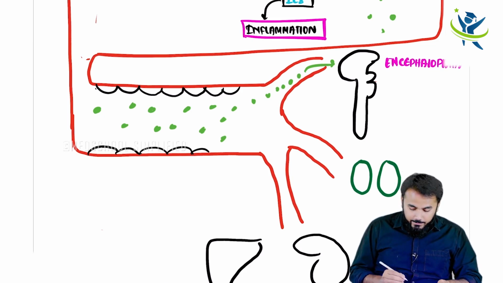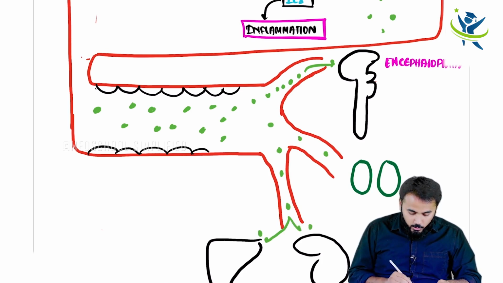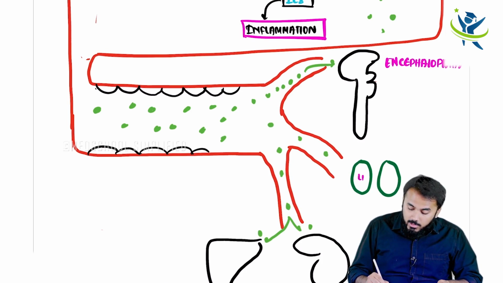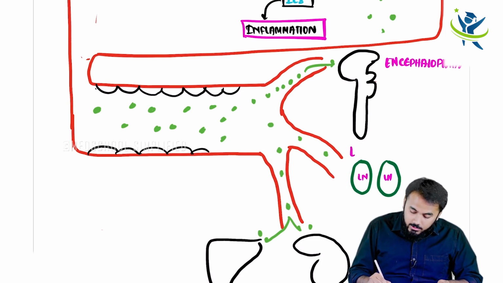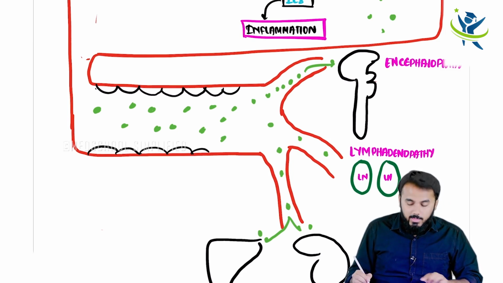If the bacteria enters into the lymph nodes, or into the liver as well as the spleen, what is going to happen? If the bacteria enters the lymph nodes, obviously your lymph nodes will be affected. There will be swollen lymph nodes, and that condition you call lymphadenopathy.